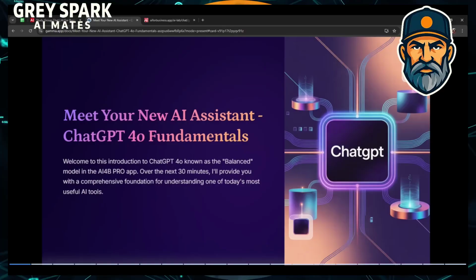So in the next 30 minutes or so, I'm going to provide you with a comprehensive foundation for understanding one of today's most useful and accessible AI tools, made by OpenAI.